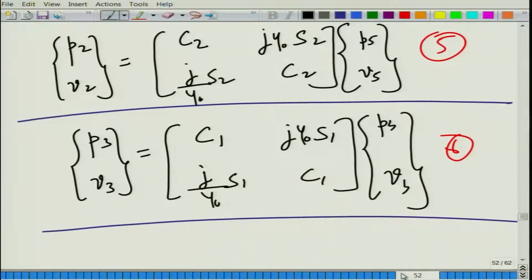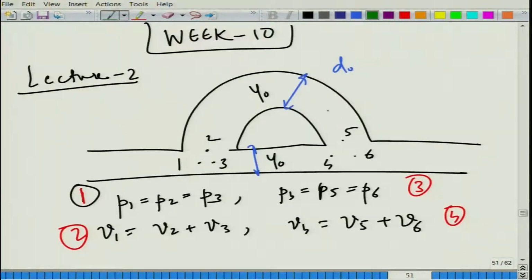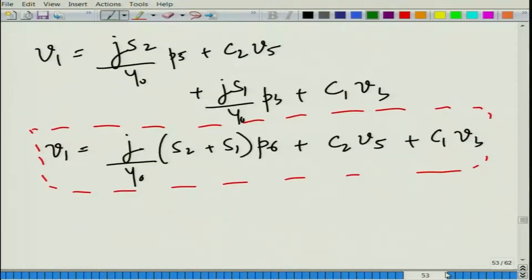Another thing that we can notice from this set of equations is that we can express V5 in terms of V2 and P5, or rather P2, which is basically P1, and P5 which is basically P6. So eventually V5, the mass velocity that comes in this pipe, can be expressed in terms of the pressure here and the pressure downstream. So that is what we want. This can also be written rather cleanly.